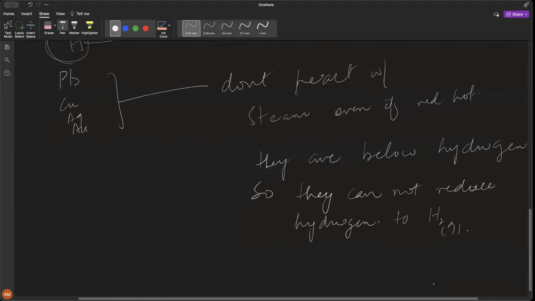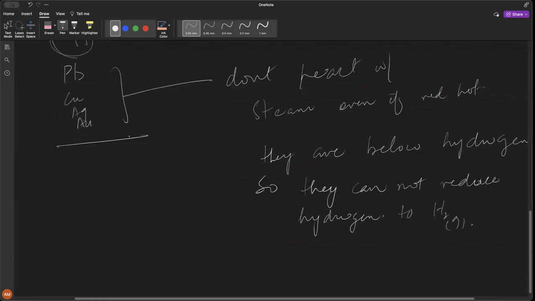What is reduction? Abhi, I want you to stop writing and listen to me. What is reduction? Reduction is to gain electron, right? I've told you what is the metallic property. Metallic property is to give electron, right?